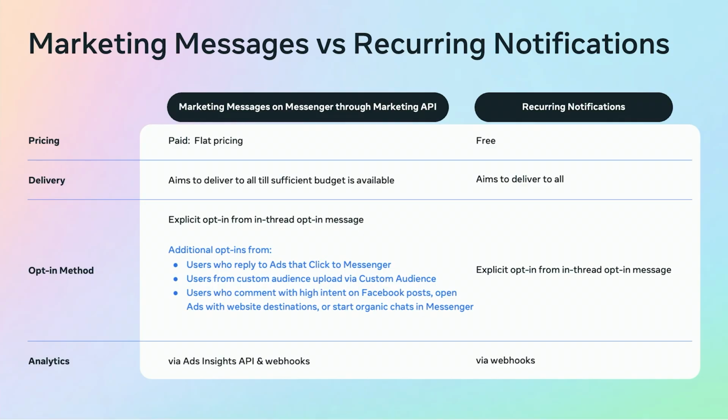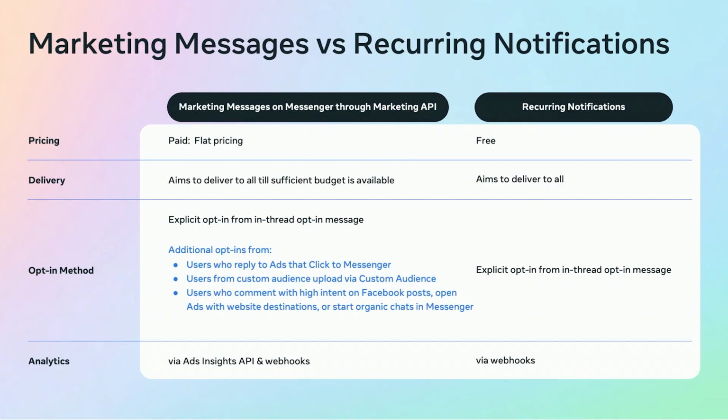Our pricing is based on the solution's performance and its value to the business. Recurring notifications has been free. Marketing messages aim to deliver to all recipients till sufficient budget is available. Recurring notifications aim to deliver to all as well.